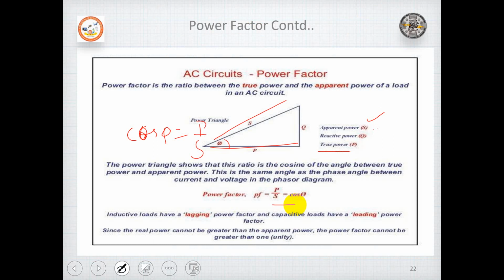The numerical value of the cosine of the phase angle between the applied voltage and the current drawn from the supply gives the power factor.